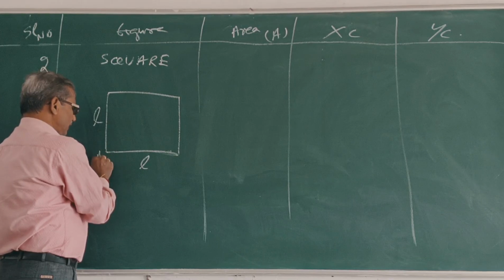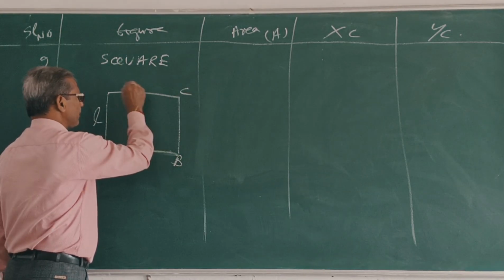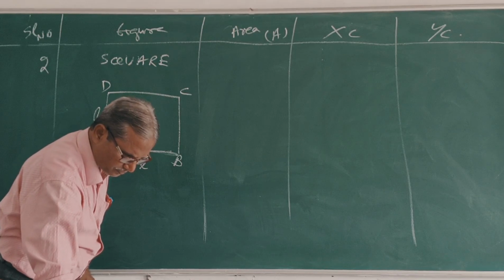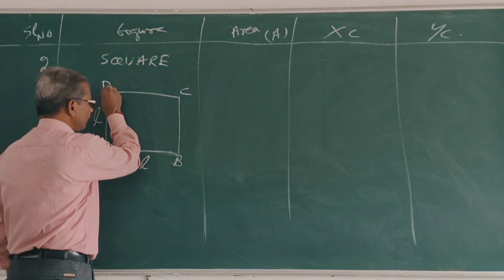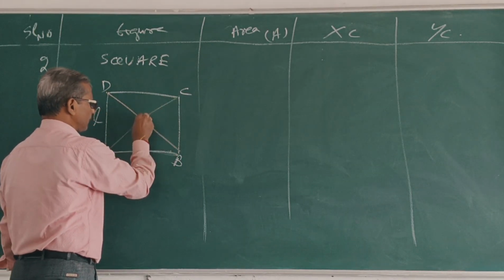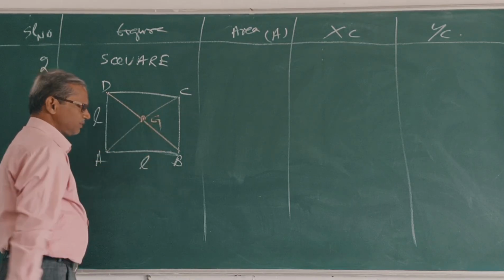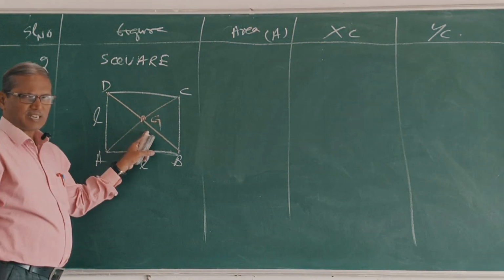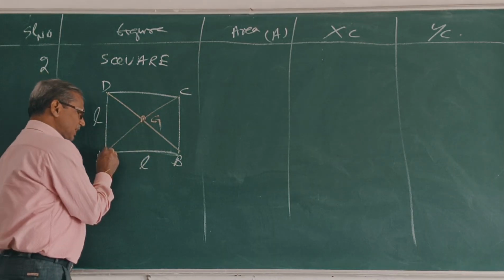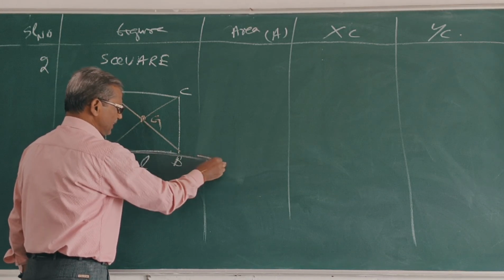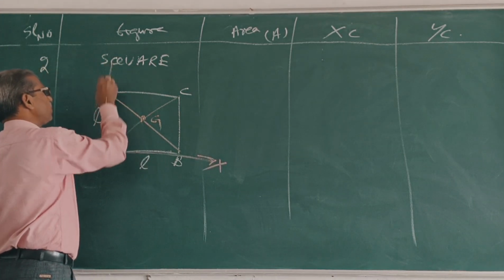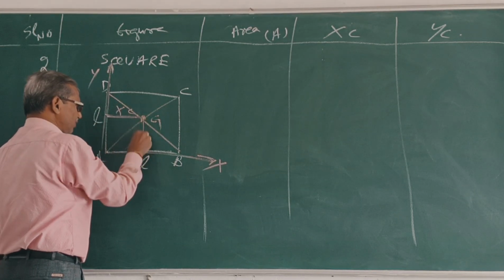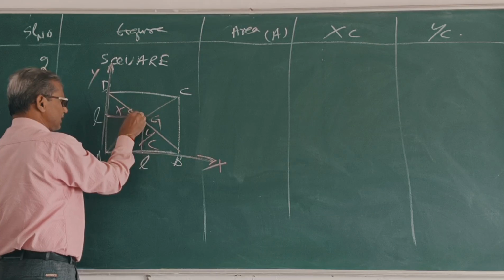So, in square ABCD, the CG lies where two diagonals cross each other. This is point G. Clear? Where two diagonals cross each other, this is called CG of the figure. So in this case, take this x-axis and y-axis. So what is this? XC. What is this? YC.